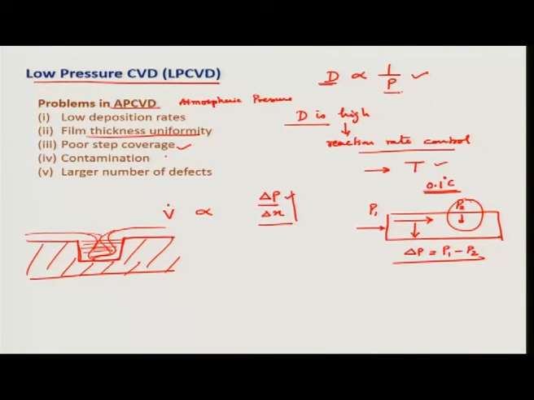With high pressure or atmospheric pressure CVD, you are also flowing in a lot of gases to maintain the same deposition rate. And when your flow rates are high, not the volumetric flow rate, but the flow rates are high for the same deposition rate, then you will have large contamination because you had not pumped down or removed the residual gases, and a large number of defects.